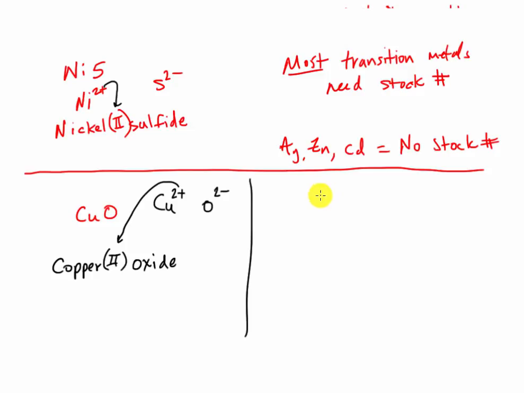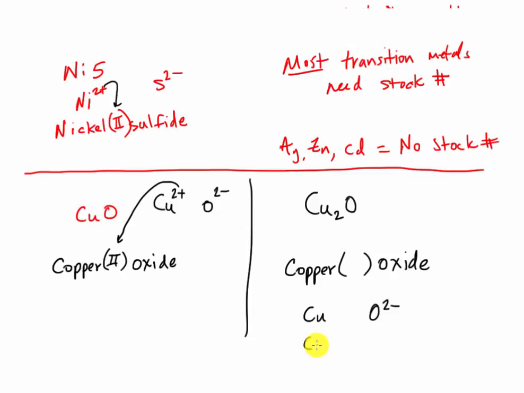Last one I'm going to do is Cu2O. Students get these two mixed up all the time. We already know copper is a transition metal and that it's going to require a stock number. Oxide over here. Well, if my oxygen is 2-, what does a 2 down here tell us? It tells us how many coppers, so I need 2 coppers here.